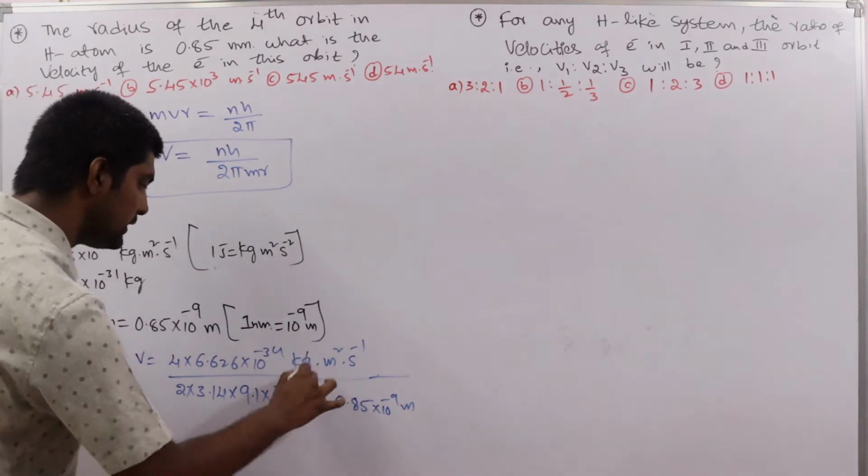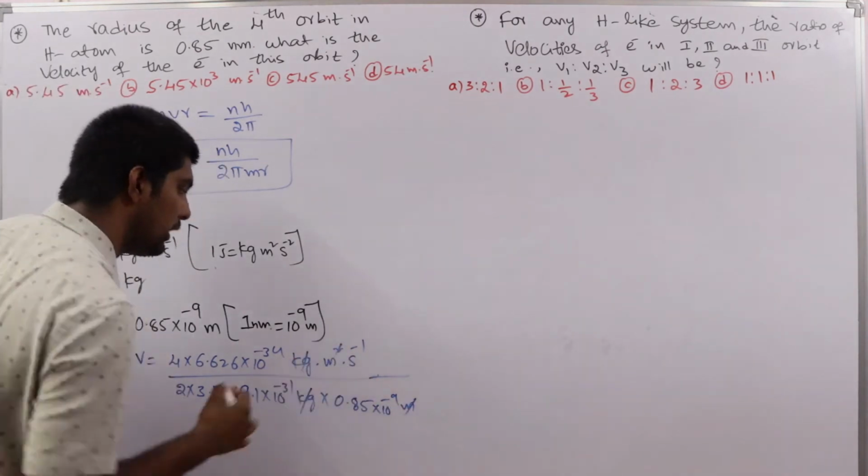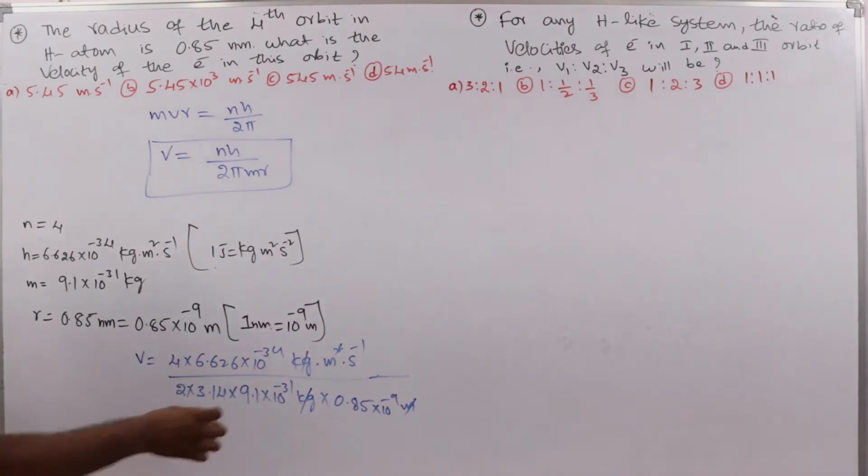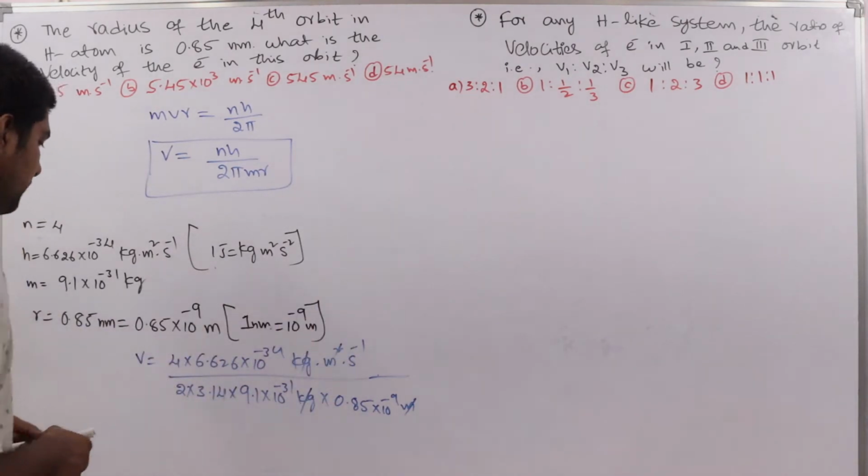See here, kg will get cancelled, 1 meter and 1 meter will get cancelled. So finally we are left with meter second inverse.